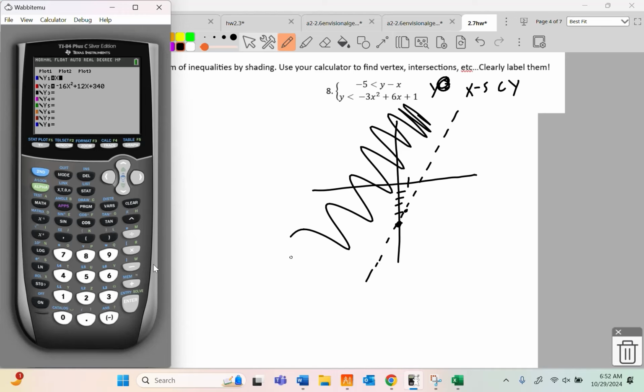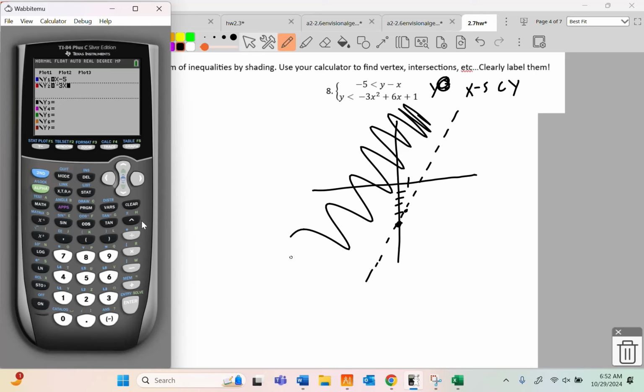See, we have an x minus a 5. And we have a negative 3x squared. Plus a 6x. Plus a 1. Zoom 6.